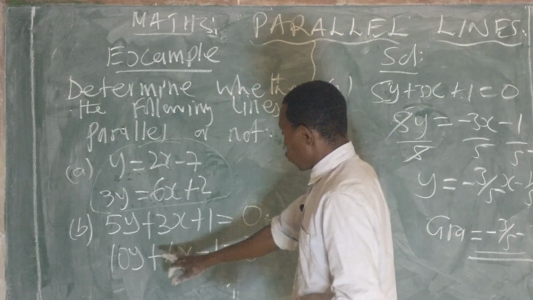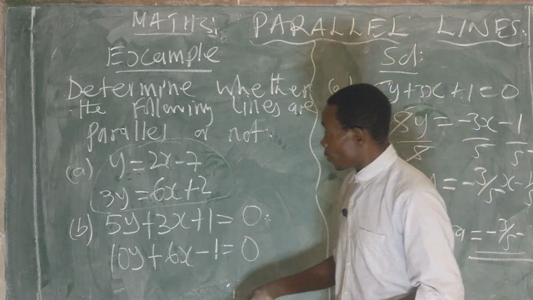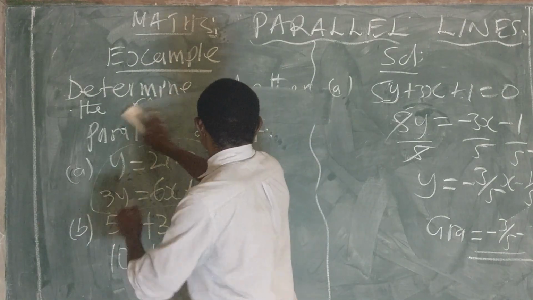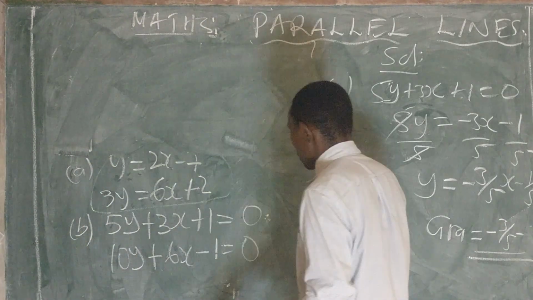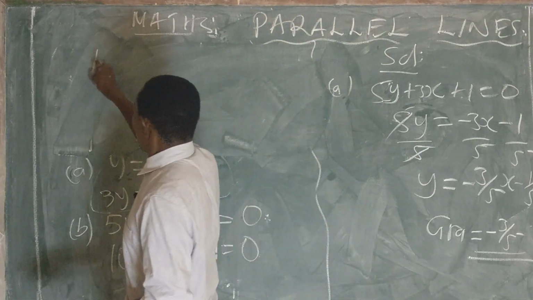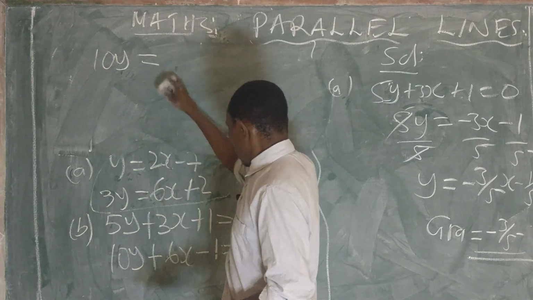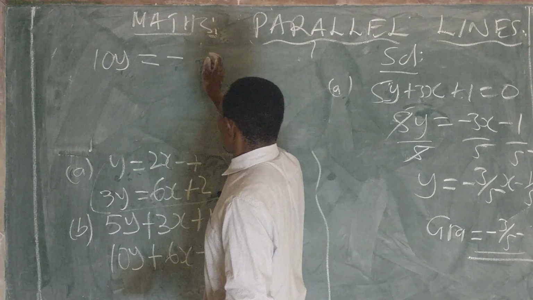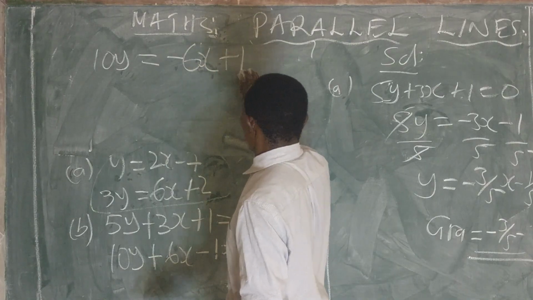Let us also do the same with the other equation. What is the gradient of 10y + 6x - 1 = 0? Here we are also going to transfer all terms which do not have y variables to the other side of the equation. So 10y will remain like that, equal to -6x, and the -1 becomes positive 1.